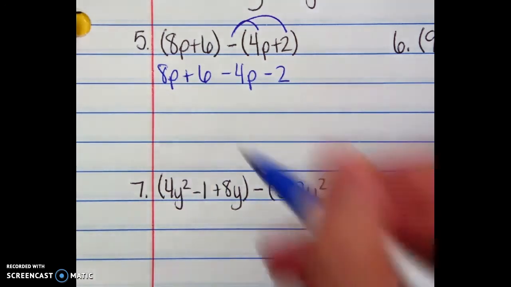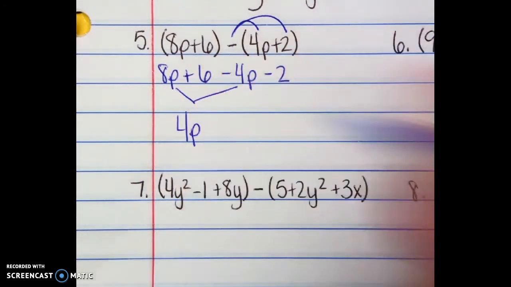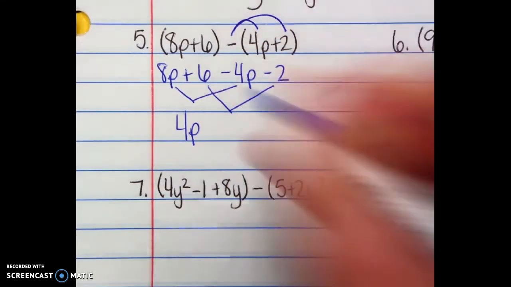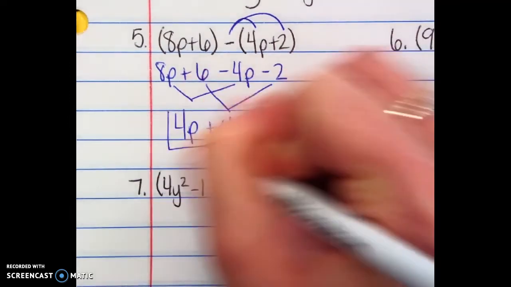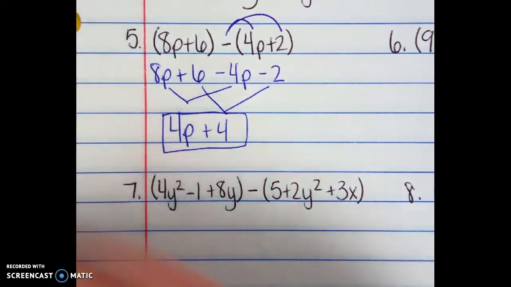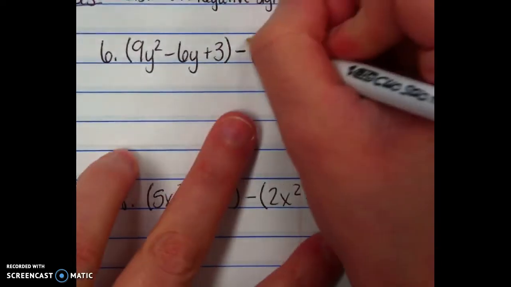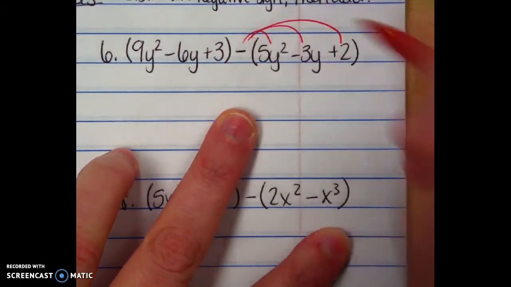Okay, now I can combine like terms. 8p minus 4p is 4p. 6 minus 2 is a positive 4. Okay, let's look at another one. I'm going to distribute the negative sign to all 3 of those terms.